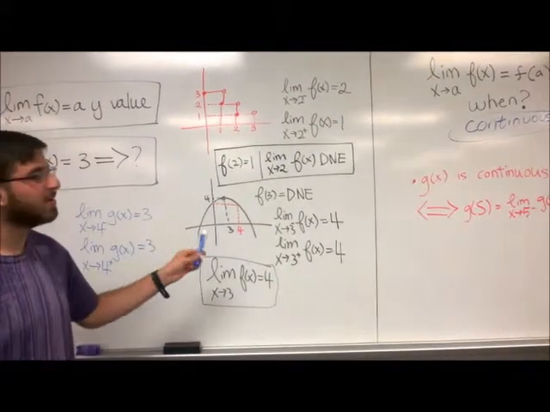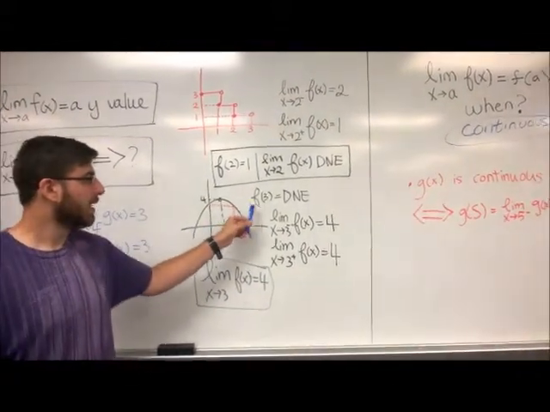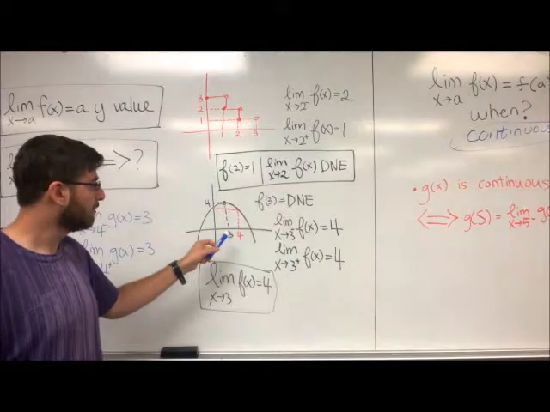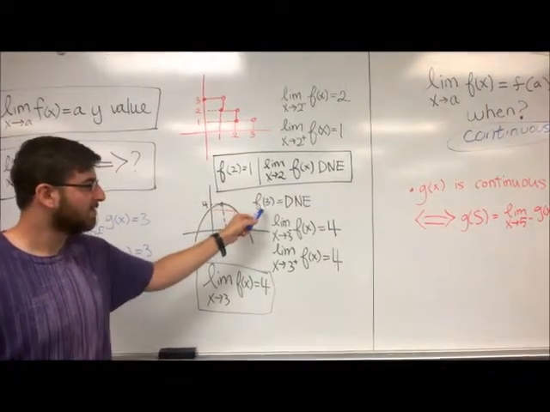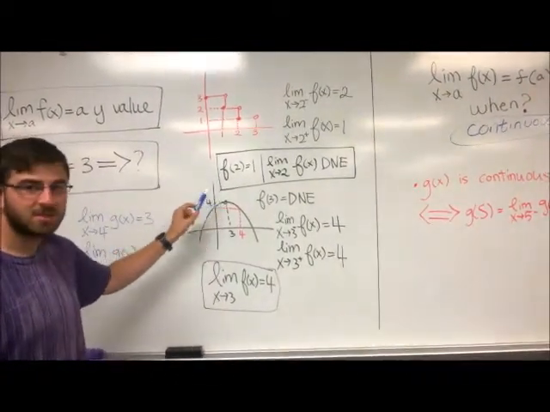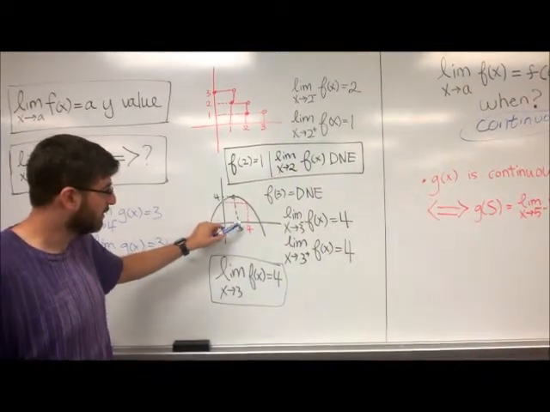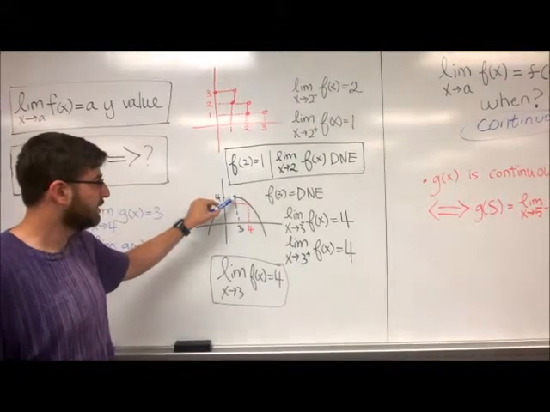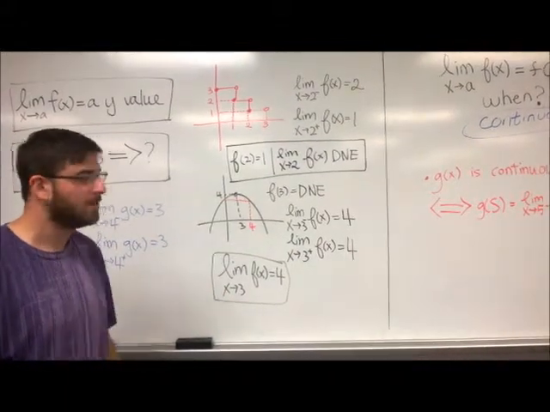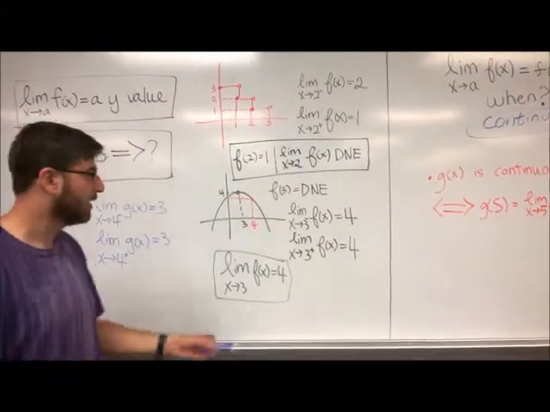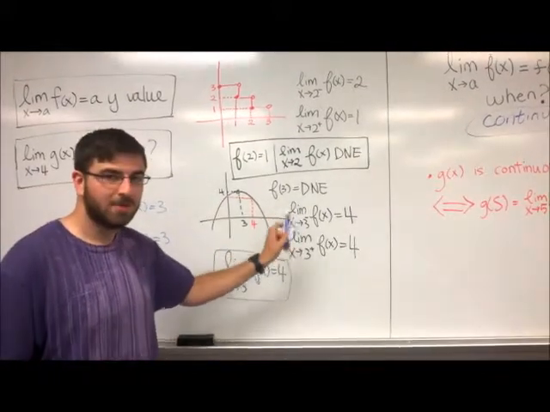Alright, we're going to look at another example here. The value f of 3 does not exist because there's a hole right there. The actual value does not exist. The limit, on the other hand, we would have to look at the left and the right side.